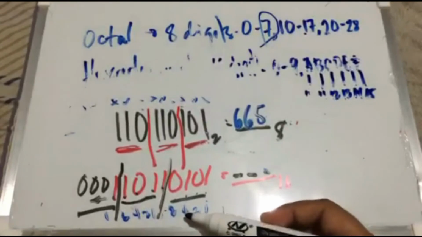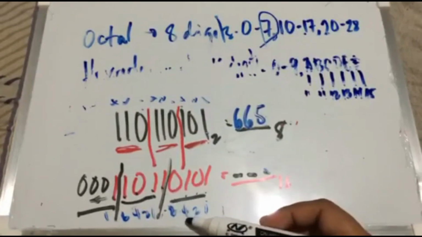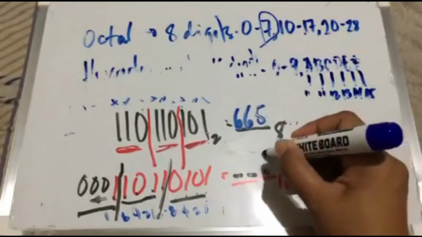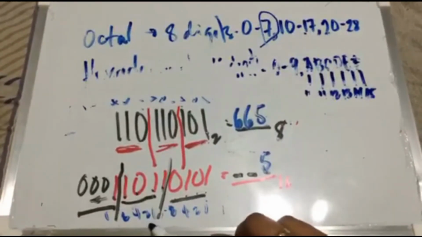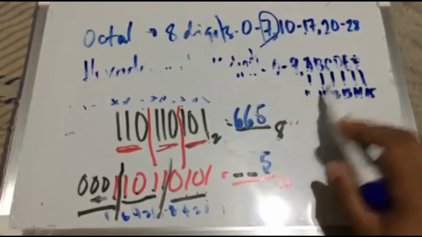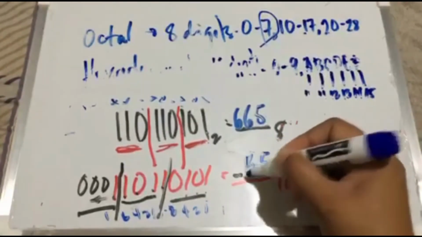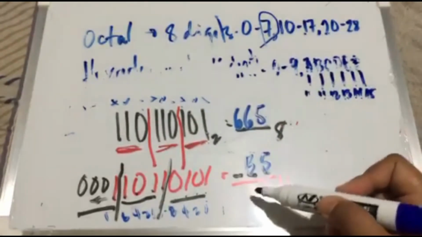So for this part, 4 plus 1 is 5, 8 plus 2 is 10, plus 1 is 11. So what is 11? Letter B. Ayun siya, letter B.